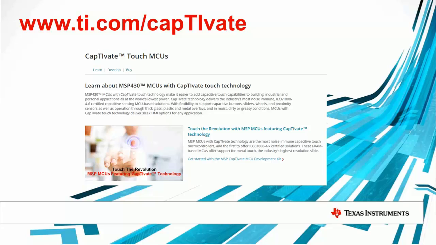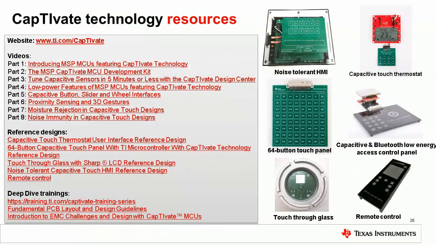Develop will take you to a lot of the tools like the GUI that Sunil talked about, our Captivate Design Center, and then obviously getting started if you want to buy samples and purchase development kits as well. We make it pretty simple for you there. This is just a quick snapshot on this next slide of the types of collateral that you'll find out on our Captivate web portal.